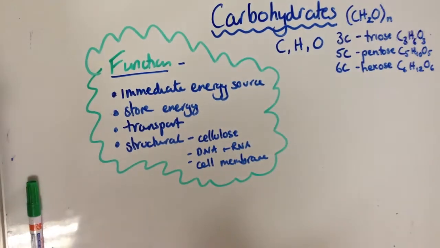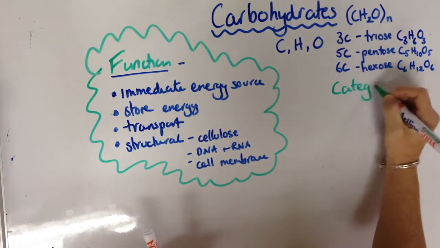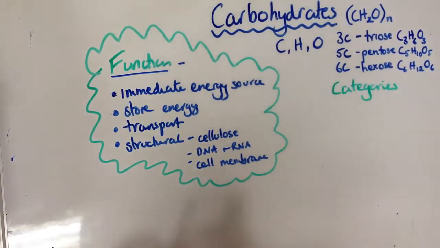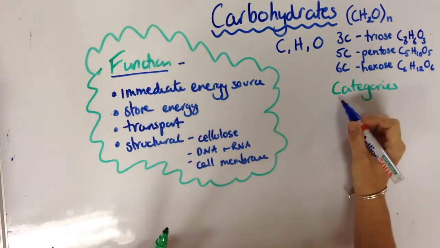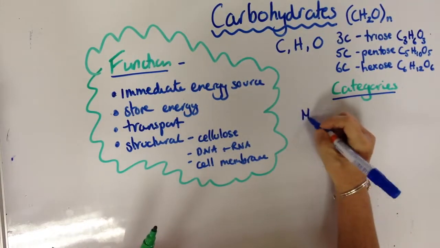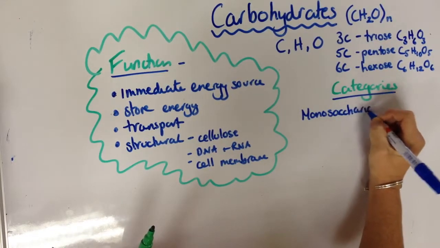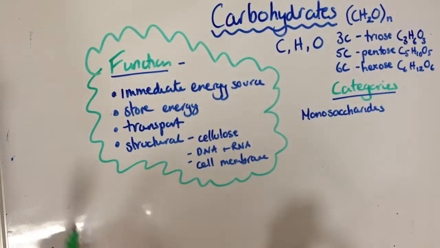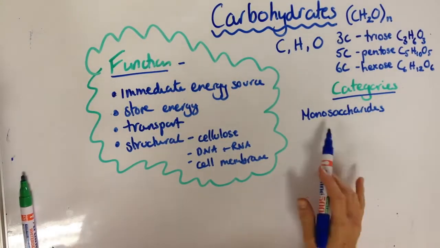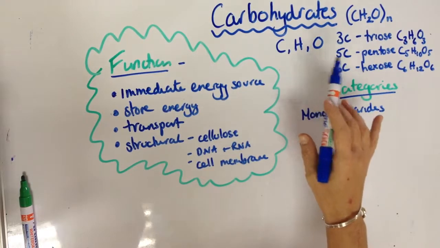So let's have a look at some categories of carbohydrates. There are a few categories. The first one we'll deal with is the monosaccharides. These are basic sugars. They're single units of carbon compounds.